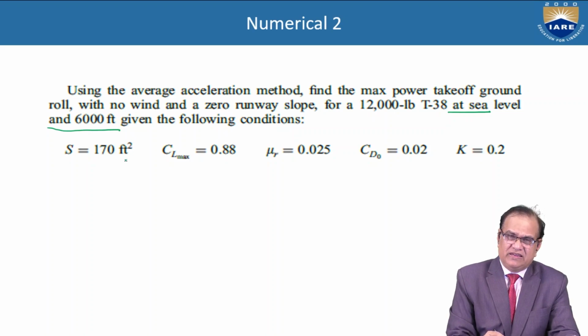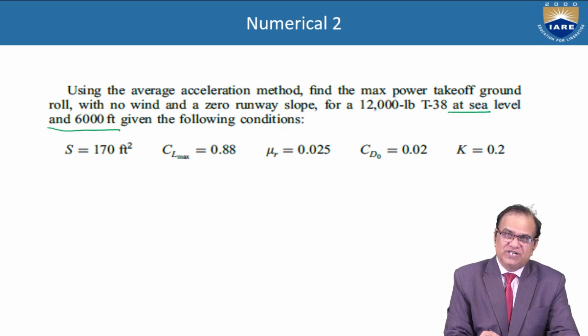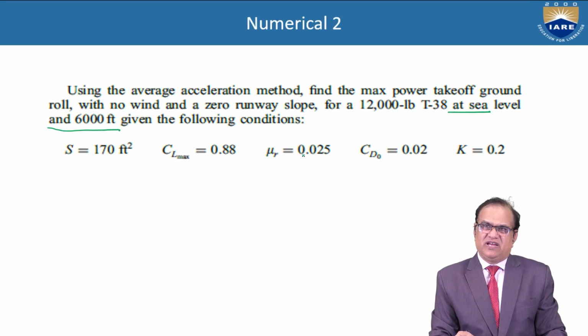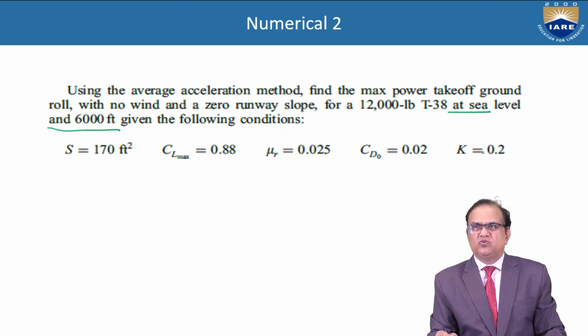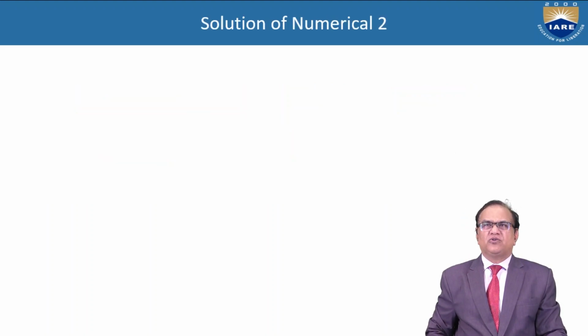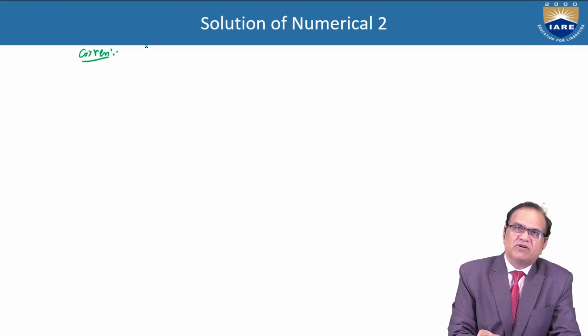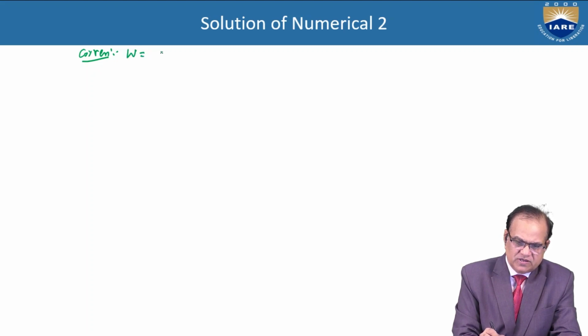Please excuse me, here I am using another unit, that is the FPS unit, and CL maximum is 0.88, mu r, that is the frictional coefficient, is 0.025, CD naught is equal to 0.02 and K is equal to 0.2. So now we have to start this problem. Here given in this problem the weight is equal to 12,000 pound.